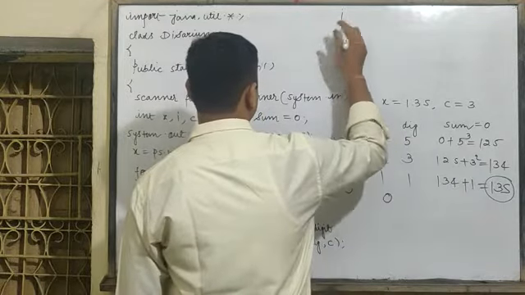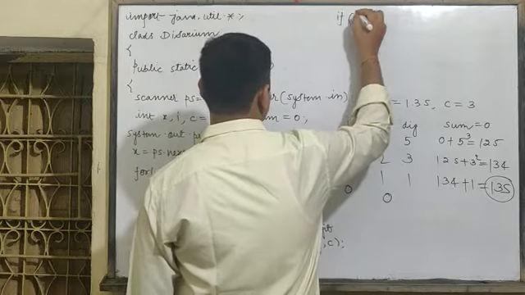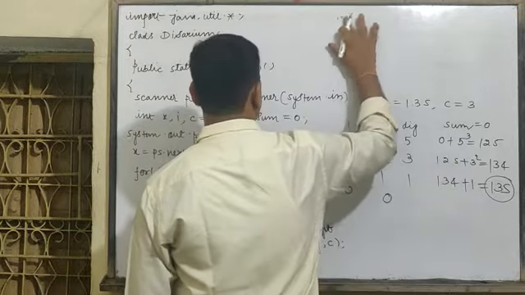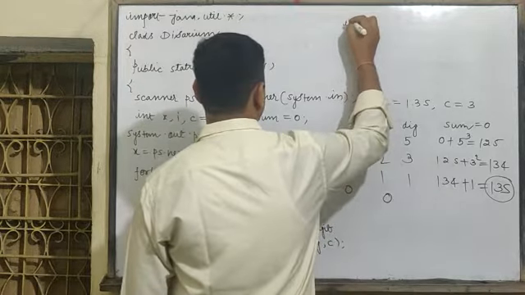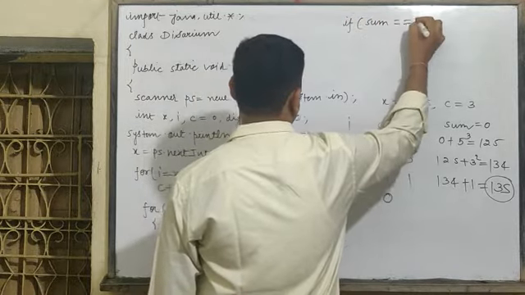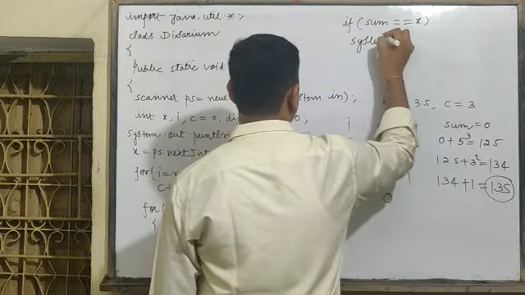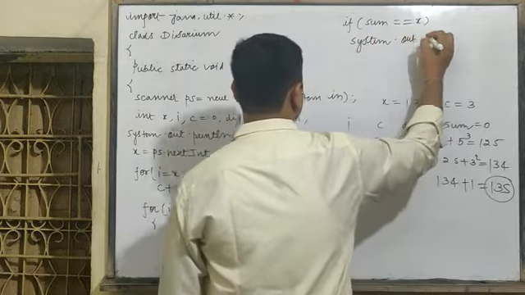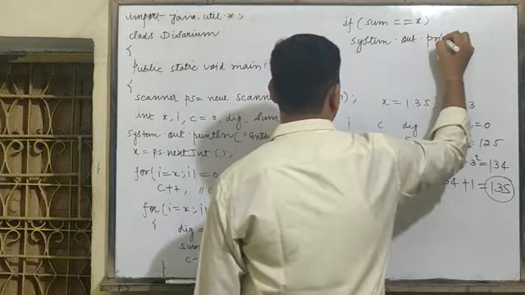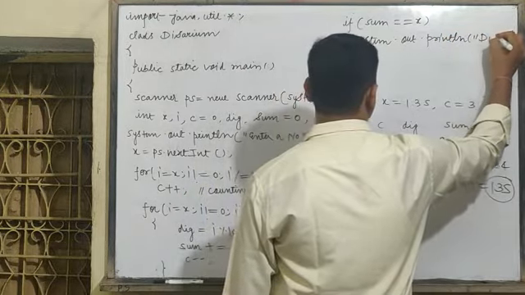So we will write here if sum equals to x, then we will print System.out.println Disarium number.